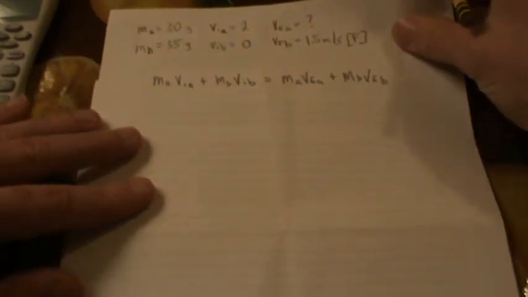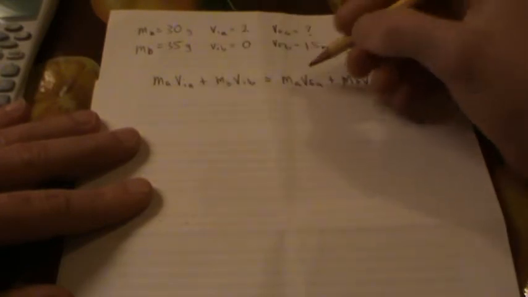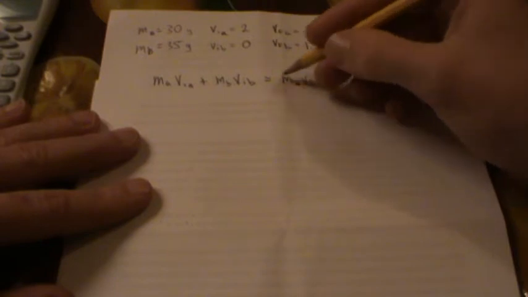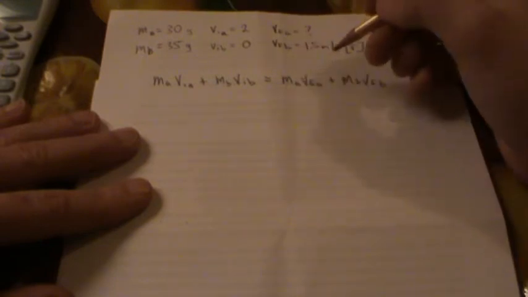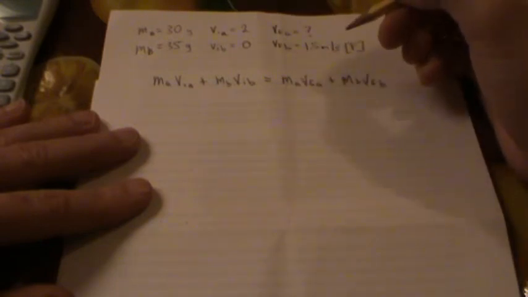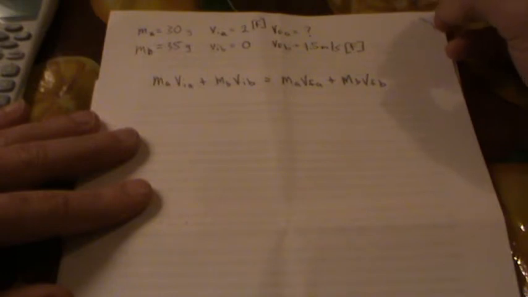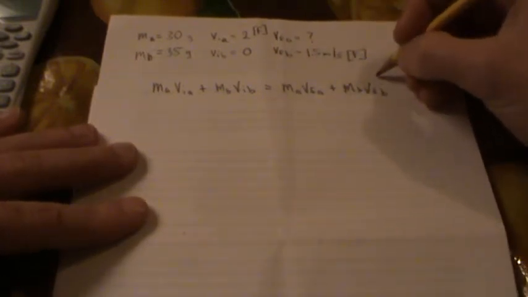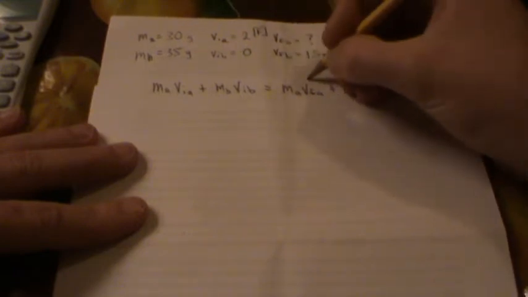And so I pass this over that way. This is also forward too, by the way, up there, and velocity final A is what I'm trying to solve for.